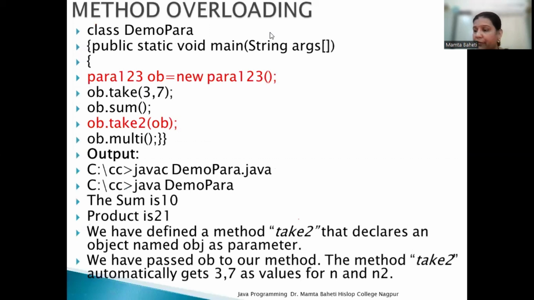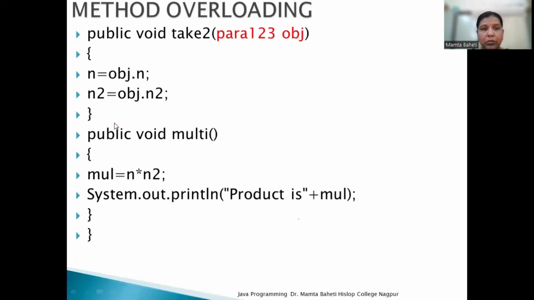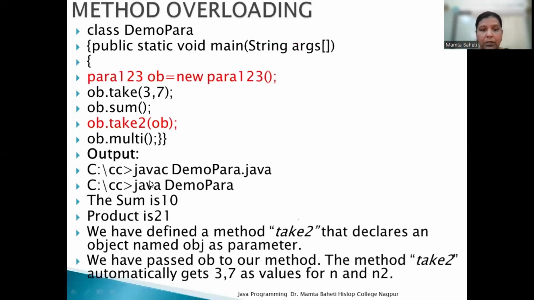So through objects I have passed on the values. And after that, through the multiplication option, n is now 3 and n2 is 7, so n into n2 will give me the result. So likewise, we can pass on the values through objects or through direct parameters to the methods. These are the examples that we have discussed with respect to methods and method overloading.